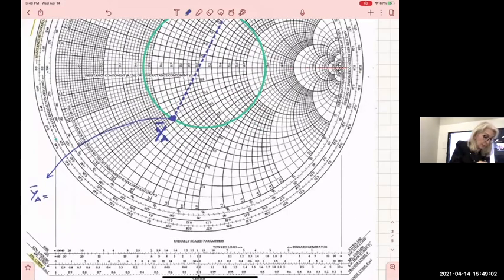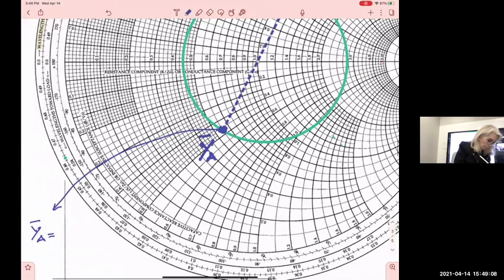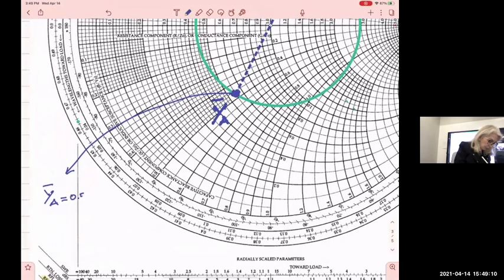If I read it, the real part is gonna be 0.55, and the imaginary part is gonna be minus J, and then I just go here, and right at that point is approximately 0.44.